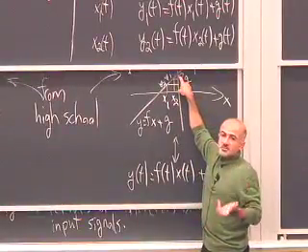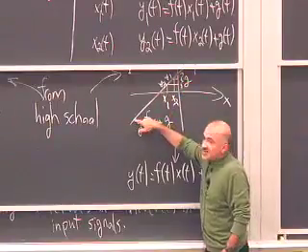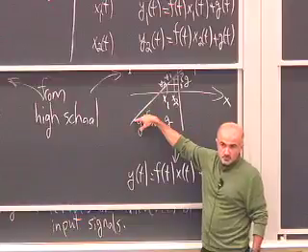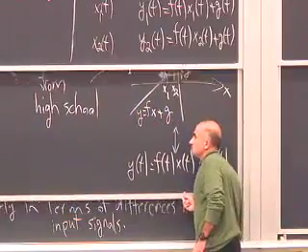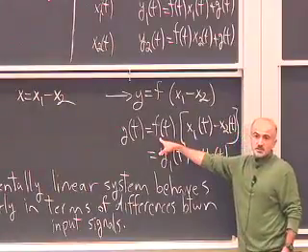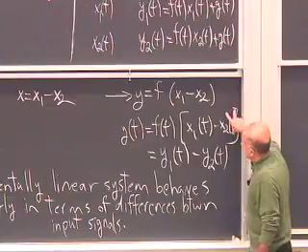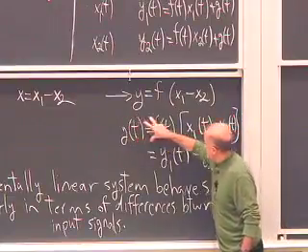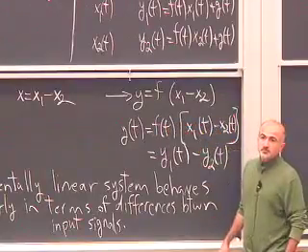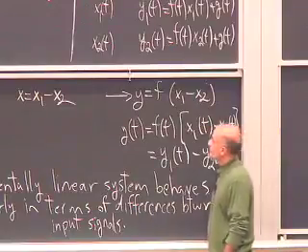Now, in this case, the offset is a signal, G. That's all that it means. So it's not as bad as, for example, y equals x squared, where you don't have a relationship like this. But this can be viewed as a linear system. It's exactly like the other case.